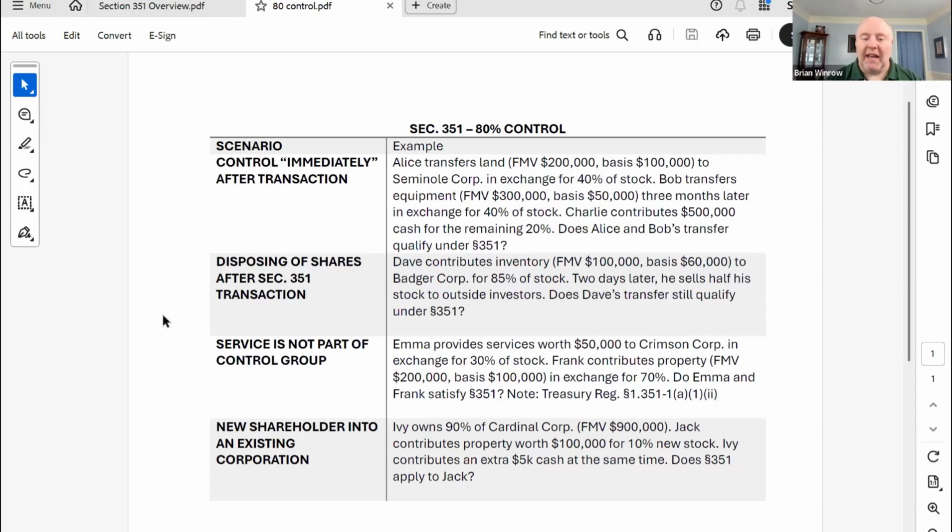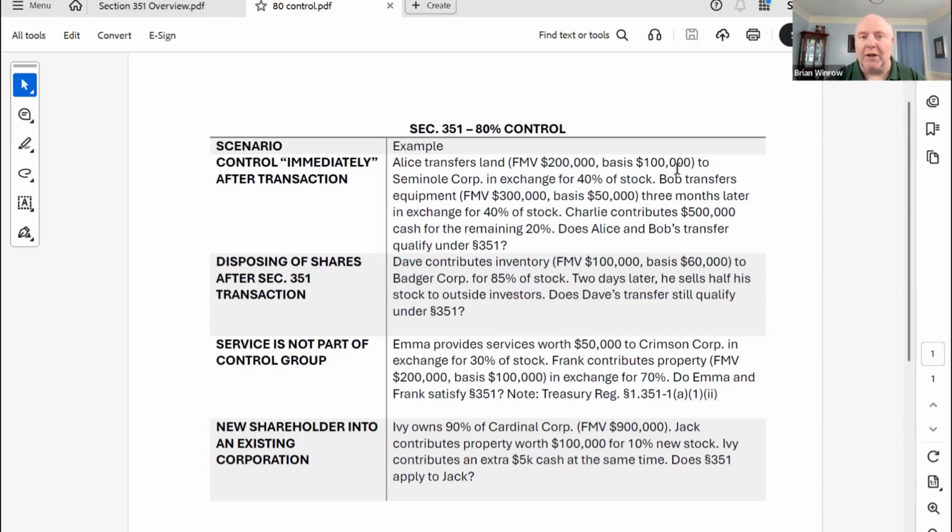Well, if they do not qualify under 351, if it was not property in exchange for stock and they do not have 80% control after this, then Alice is going to have to recognize the realized $100,000, her fair market value of 200,000 minus her basis of 100,000.